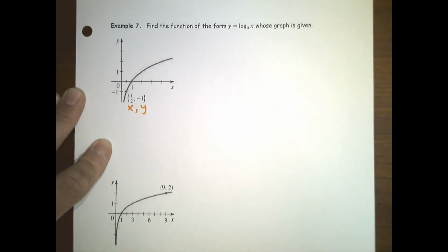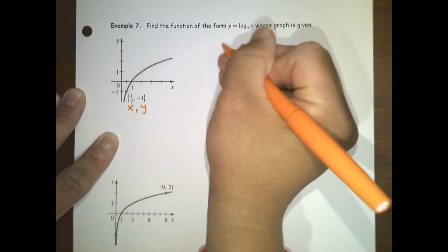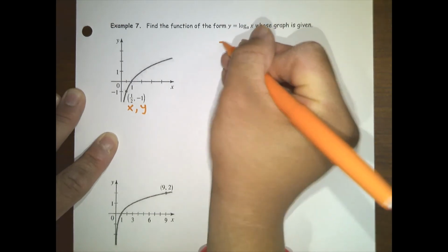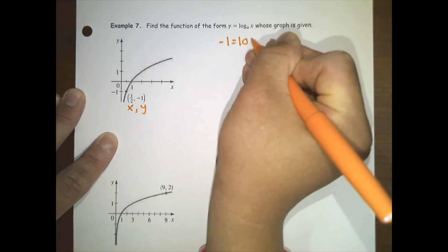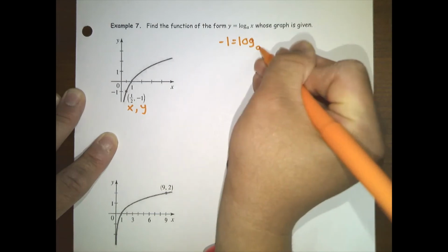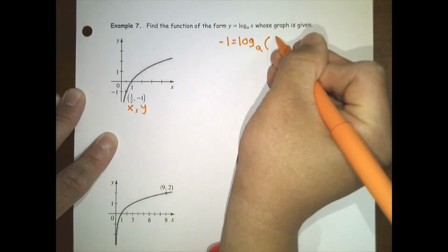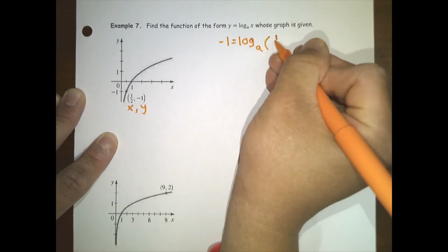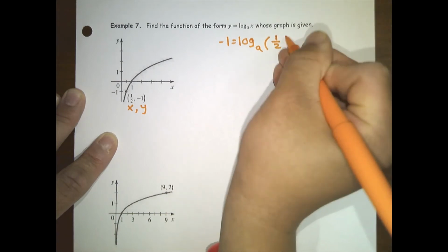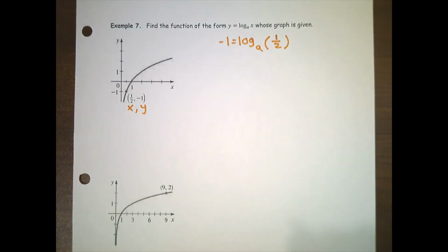So all I need to do is find a. Here we have -1 is log base a of a half. All right, so then what else do you know here?